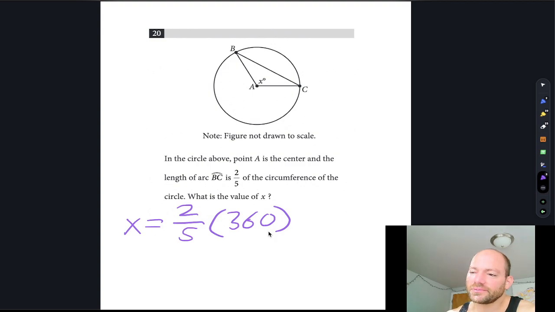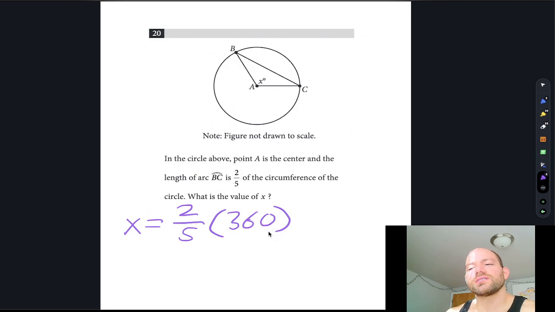What is that, by the way? Well, what I'm doing right now is I'm going to do 360 divided by 5 and then multiply it by 2. It's not a calculator question, by the way, so I'm not using it. Well, if it were 360 divided by 10, then it would obviously be 36.